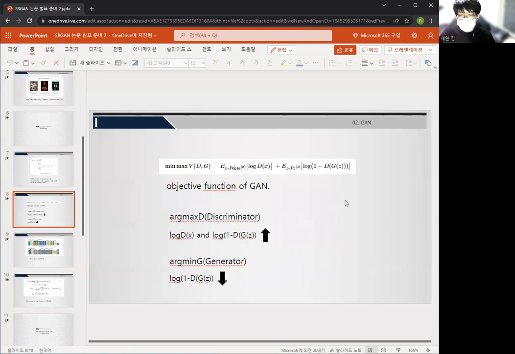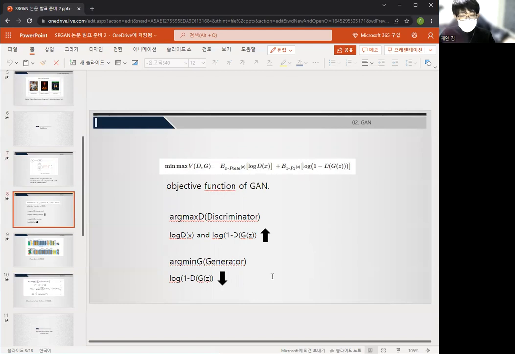This equation is the objective function of GAN, which means finding argument D, the discriminator, and argument G, the generator. First of all, in the case of D, both log D(x) and log(1 - D(G(z))) are maximized to train it to classify real data as real and fake data as fake.